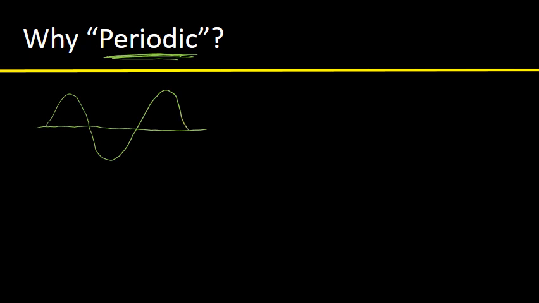Let's see, cosine starts at 1, right? I'm not sure if I have that right. I think that's right. Anyway, they're offset by 90 degrees. But anyway, periodic means a function that repeats itself over and over again, right?